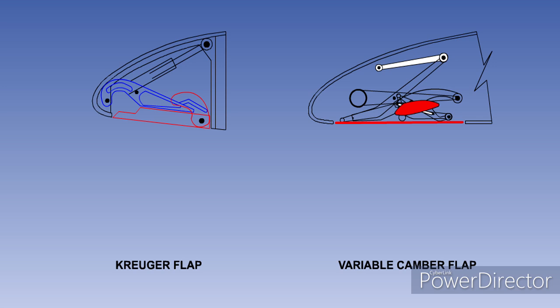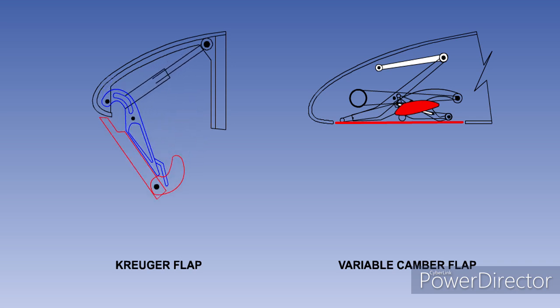Leading edge flaps are hinged surfaces that extend by rotating downward from the lower surface of the wing leading edge. They only have two positions, retracted and extended. The Kruger and the variable camber flap look the same from the outside when they are retracted. Each is simply a flat panel on the bottom of the wing.